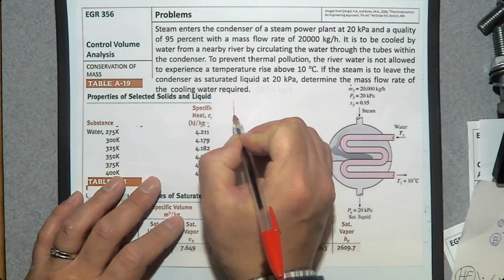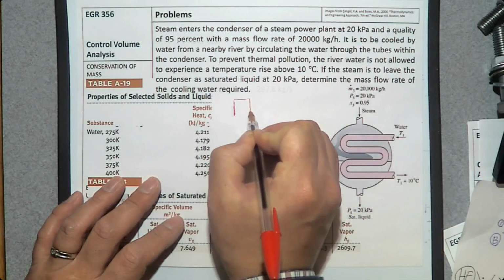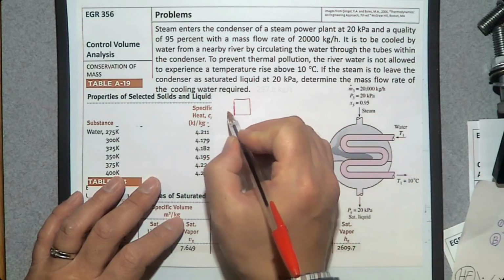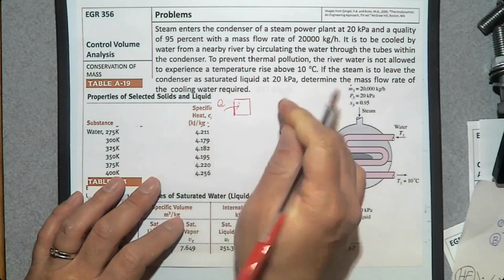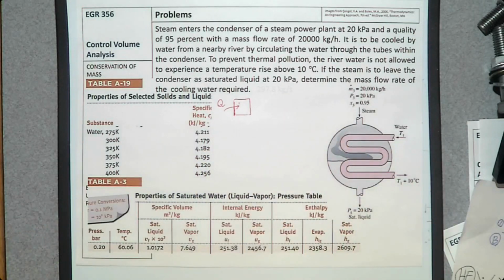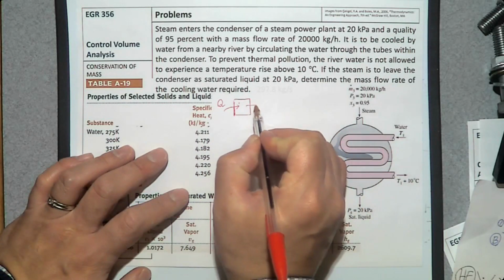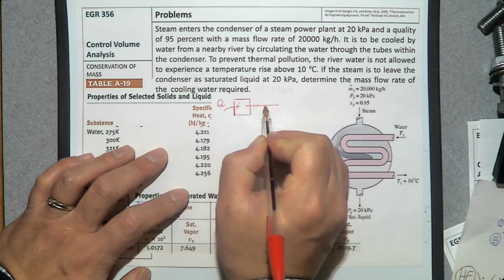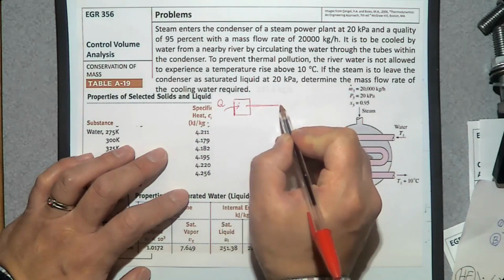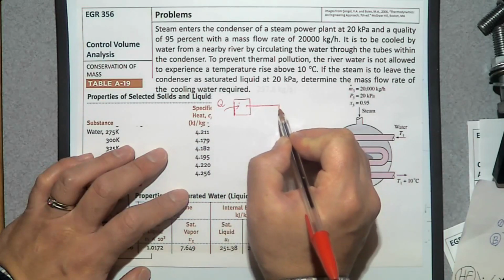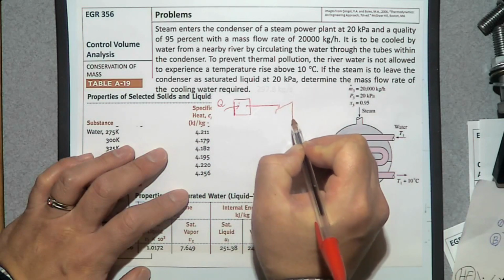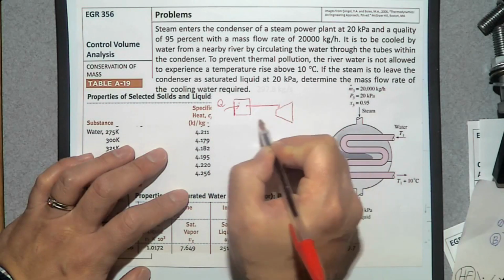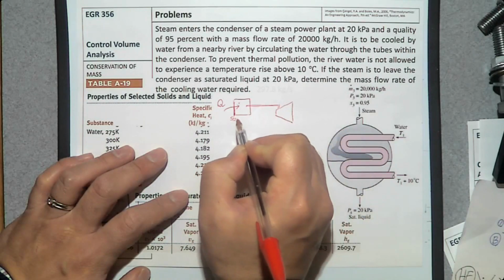So we have a steam generator. That's where we provide heat into water, and then this high temperature, high pressure steam is going to enter this turbine. This one is the steam generator.